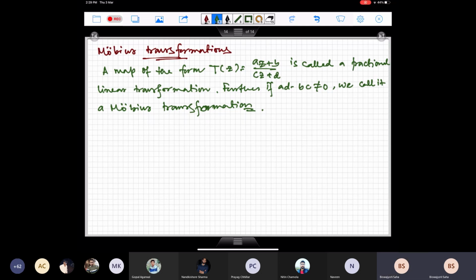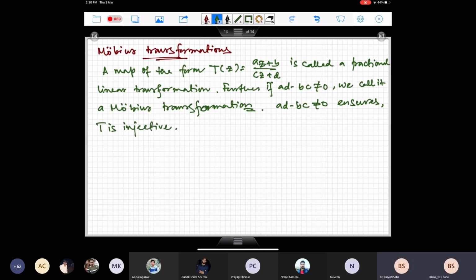What kind of implications could this have? The condition ad minus bc not equal to 0 can actually tell you that this function is a 1-1 function. This additional condition ensures that T is 1-1, that is, T is injective.